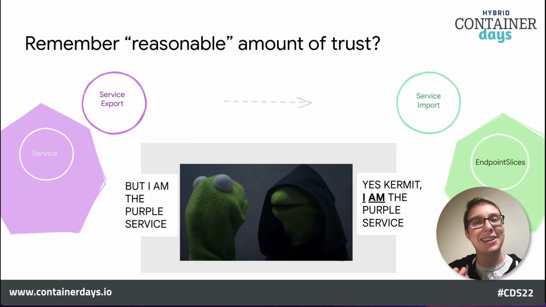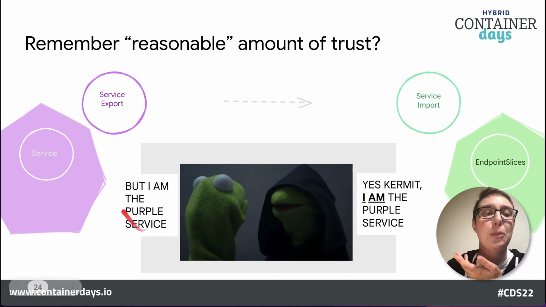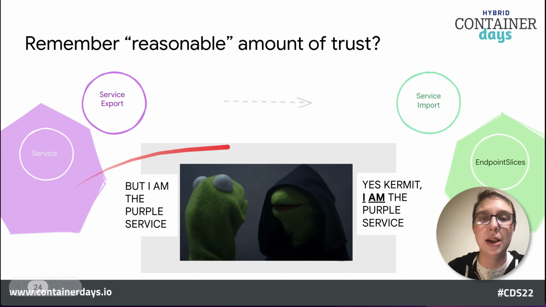And I feel like this is a good example to take us back to that reasonable amount of trust question, where this purple service is like, I'm the purple service. And then over here, the service import version of it is like, yes, I am the purple service, right?